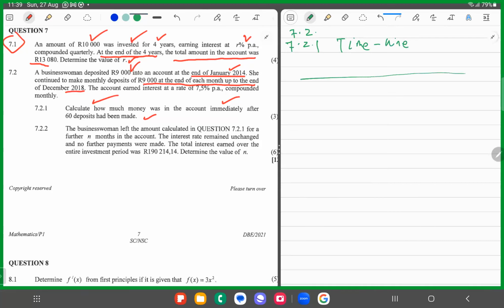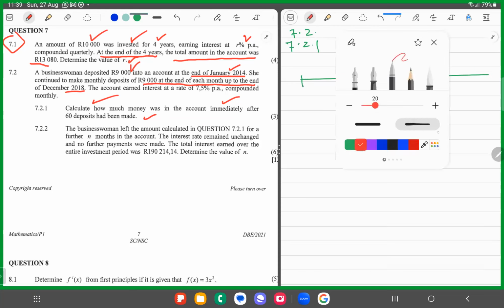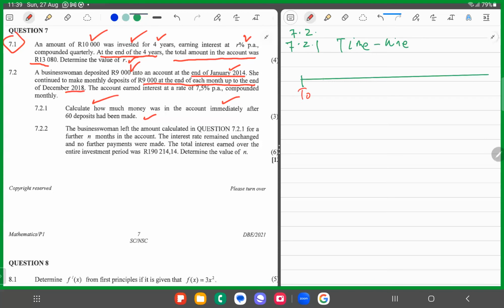So you draw a timeline like this, and then you label the timeline: time 0, time 1, time 2, time 3, time 7, time 8, time 9, time 10.